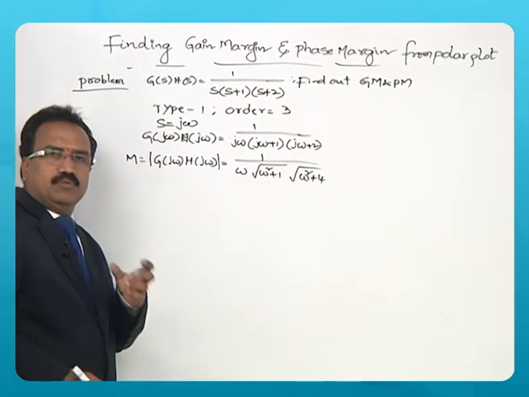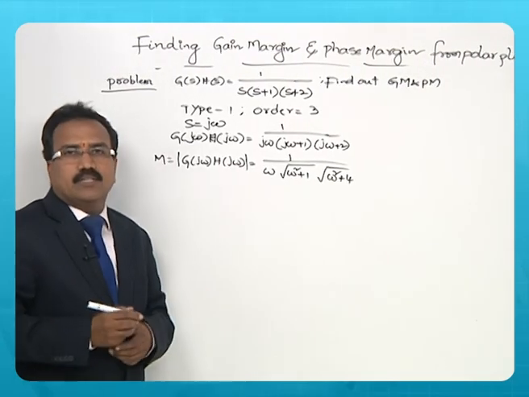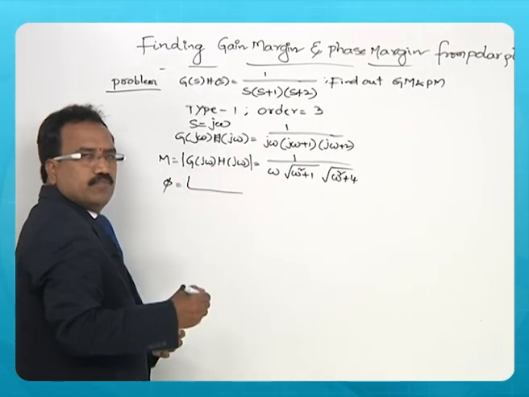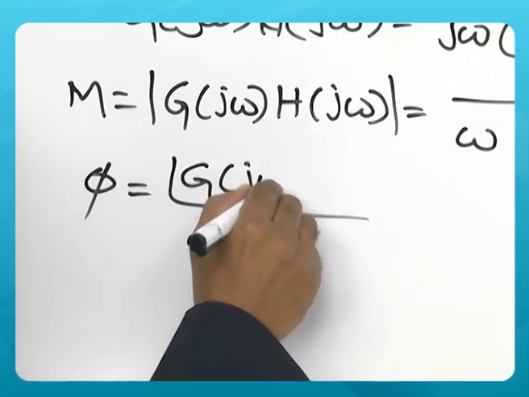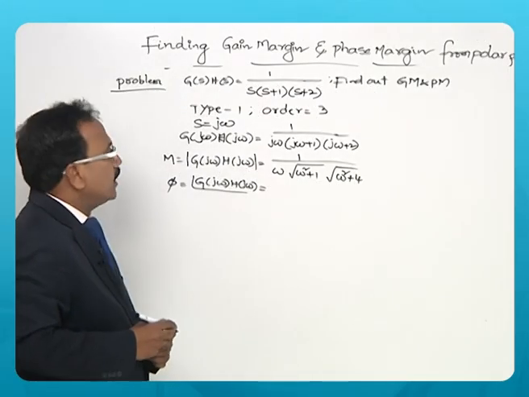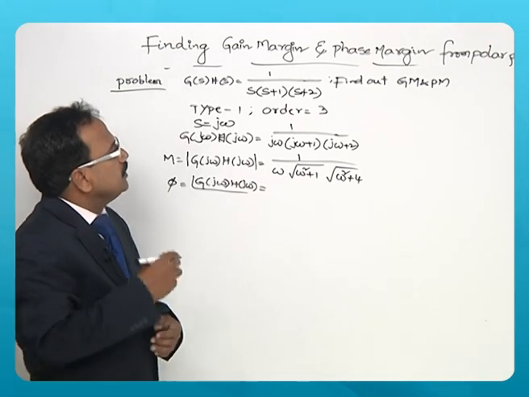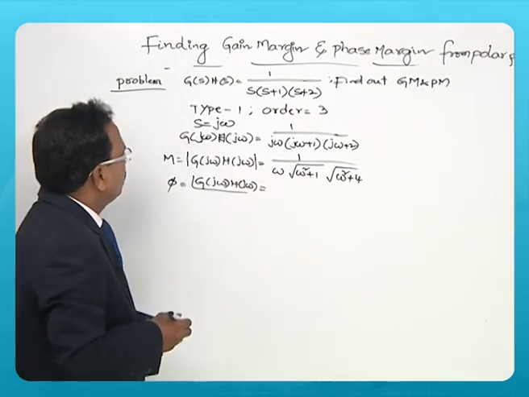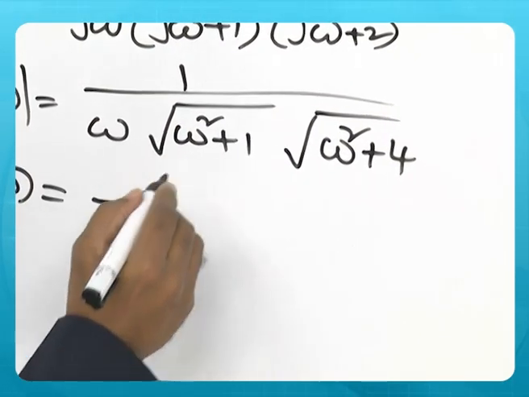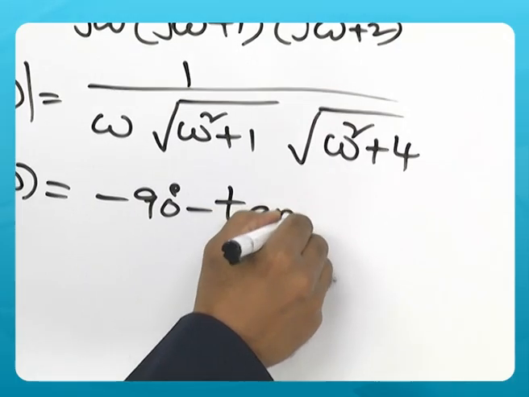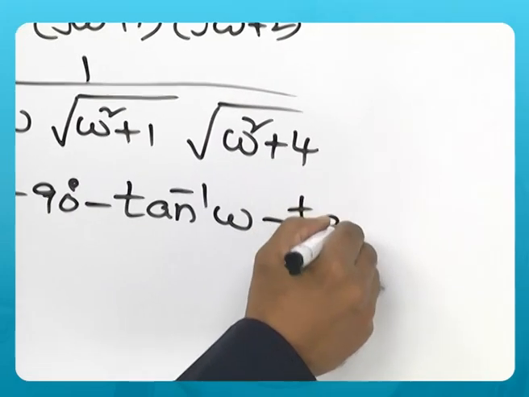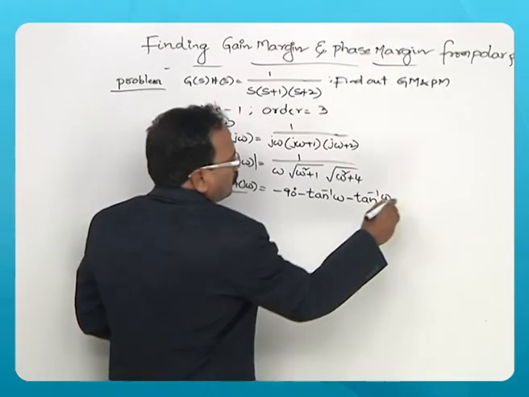So, this is the magnitude function of the sinusoidal transfer function, and the phase angle of the system G(j omega) H(j omega): you can see that there are 3 terms in the denominator, and the contribution of 1 by j omega is minus 90 degrees, minus tan inverse omega for the second term, and minus tan inverse omega by 2 for the third term.